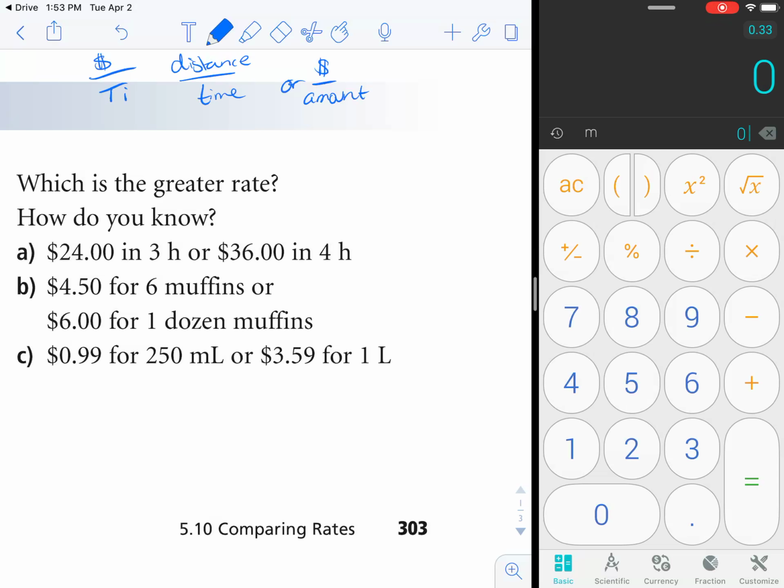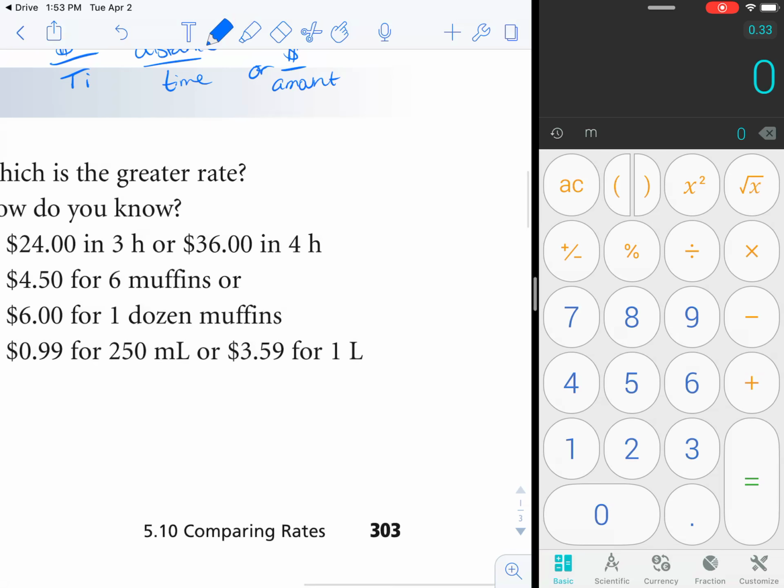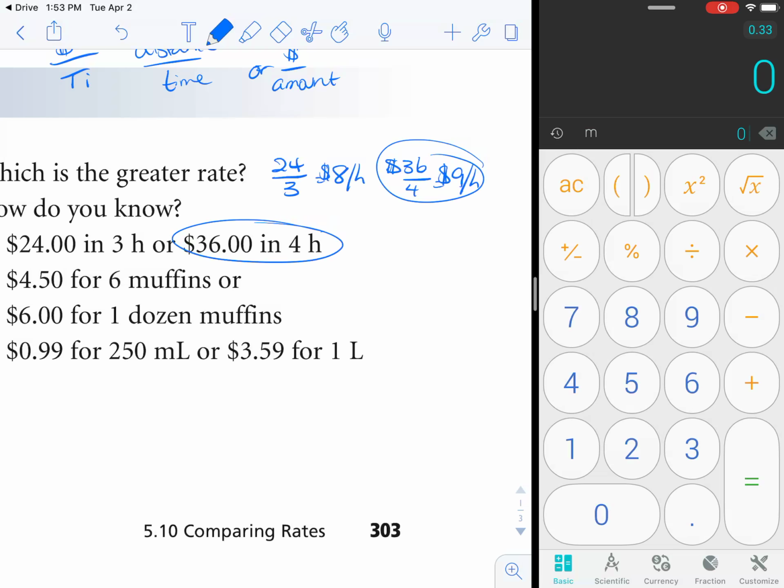Okay, so in this case we're doing money divided by amount. So 24 divided by 3 gives me $8 per hour, and 36 divided by 4 gives me $9 per hour. So the greater rate is this scenario.